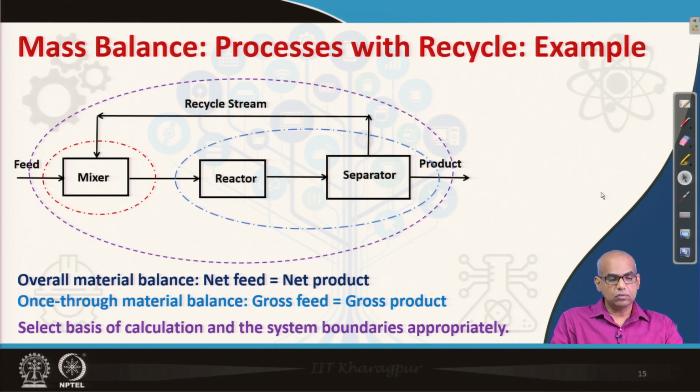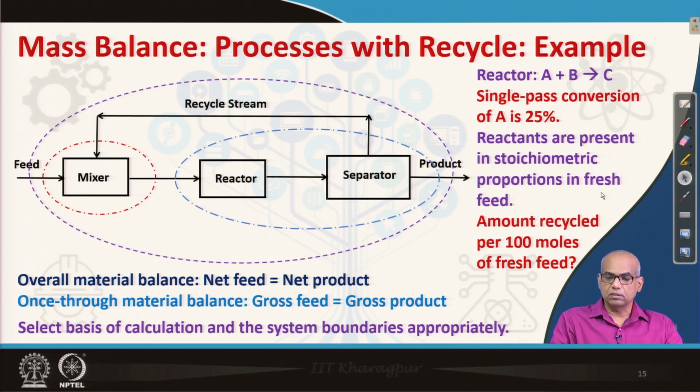In the schematic, we have drawn 3 system boundaries, one around only mixer, one around reactor and separator, and another one which encompasses the entire schematic of the plant. You can write 2 types of balances: overall material balance, where you equate net feed with net product. You can also write once through material balance, where we will equate gross feed with gross product.